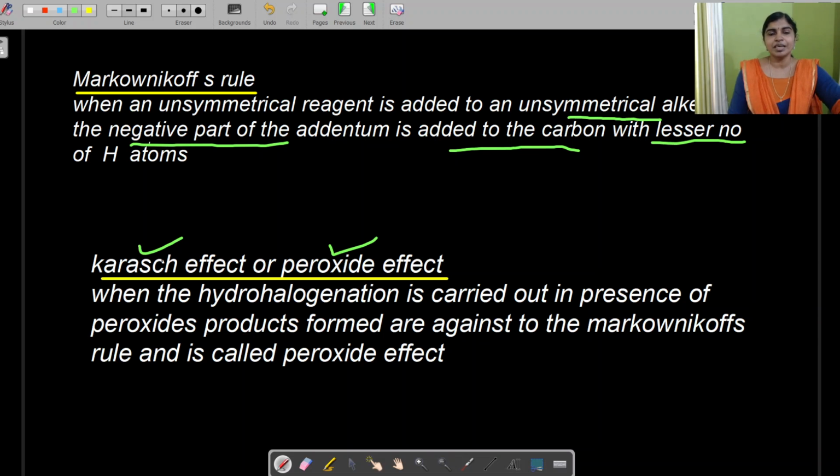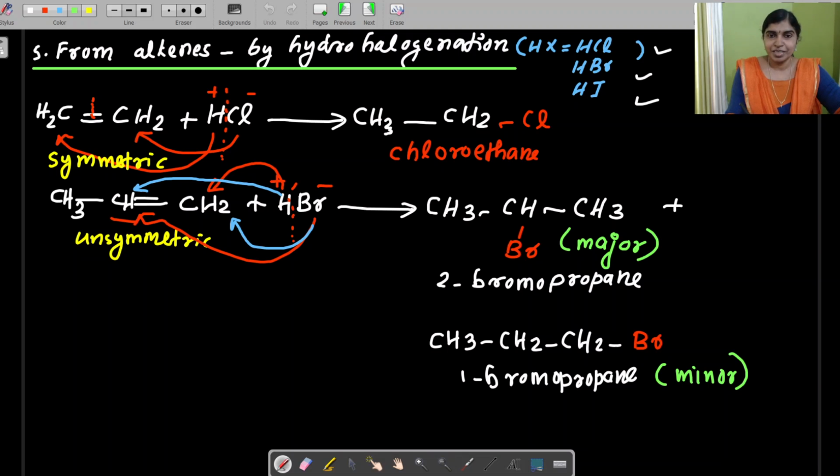So, what is meant by Kharasch effect? When the hydrohalogenation is carried out in presence of peroxides, the product formed is against the Markovnikov's rule. This effect is called the Kharasch effect or peroxide effect. Here you can have the equation like this.